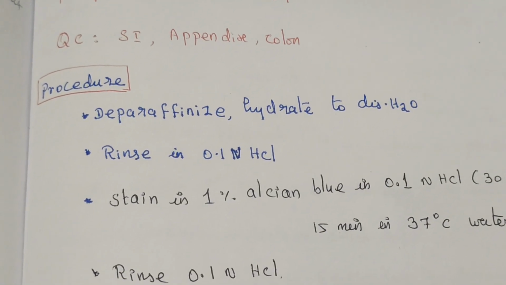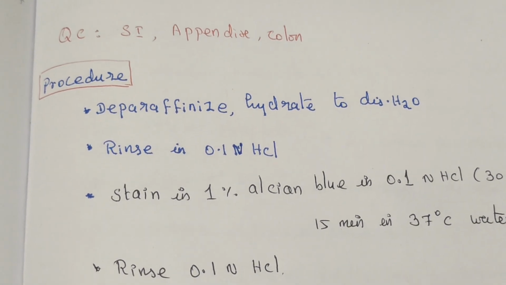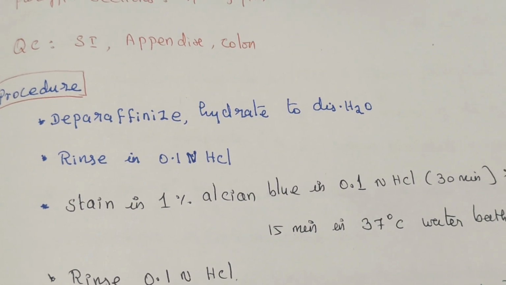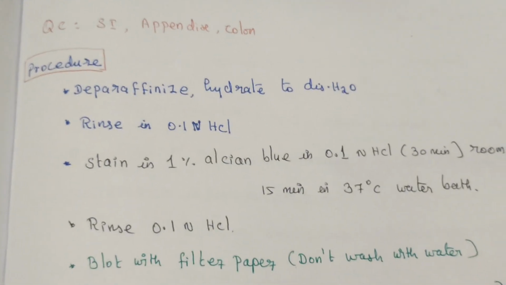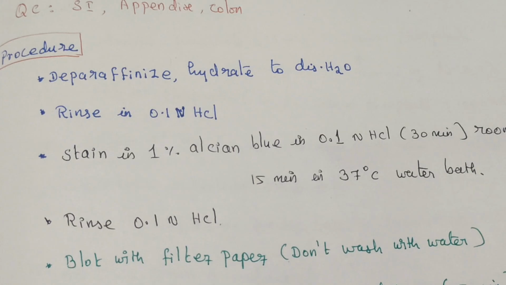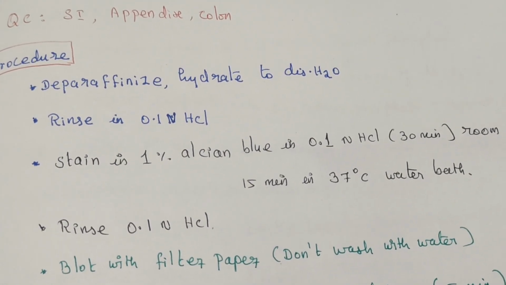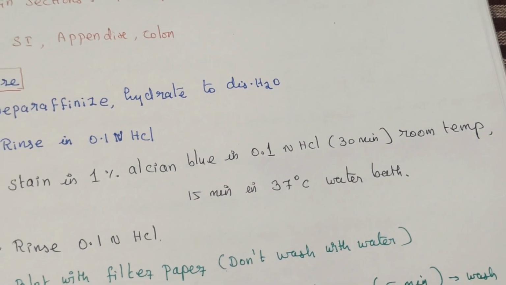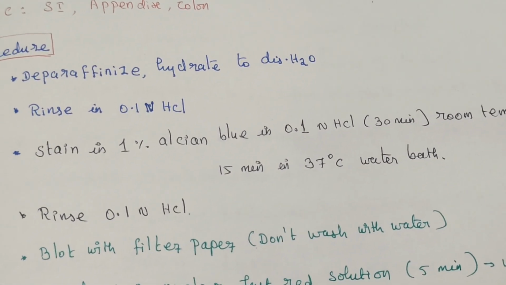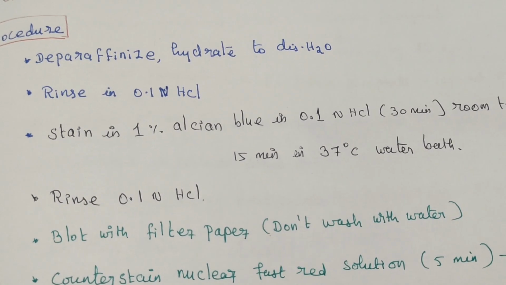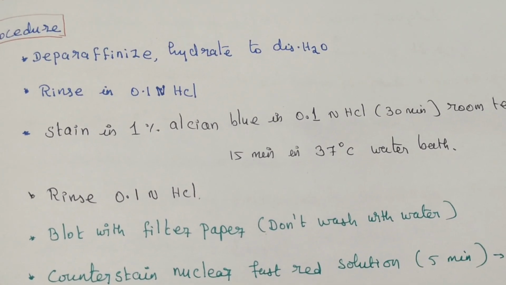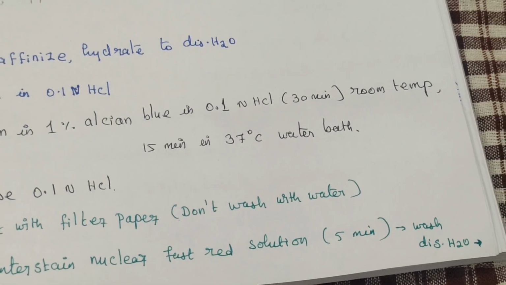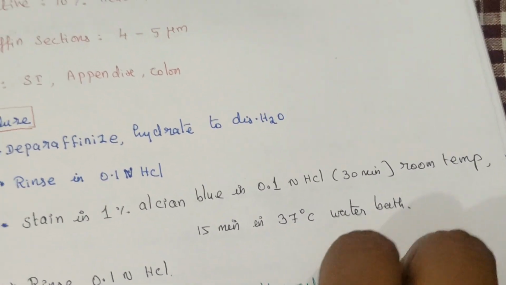Then the procedure for Alcian blue pH 1.0: deparaffinize, hydrate the slide to distilled water, rinse in 0.1 normal HCl, then stain in 1% Alcian blue in 0.1 normal HCl for 15 minutes in a 37 degrees Celsius water bath. Then rinse in 0.1 normal HCl and blot with filter paper. Then counterstain with nuclear fast red solution and wash with distilled water.